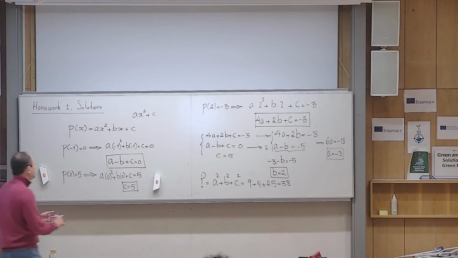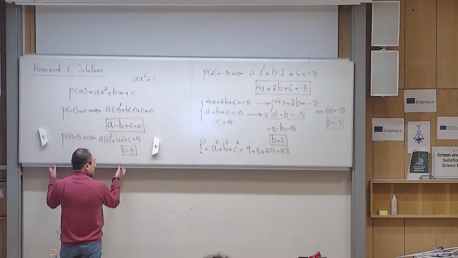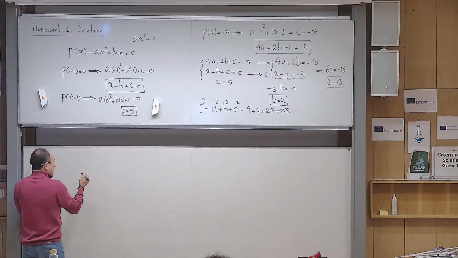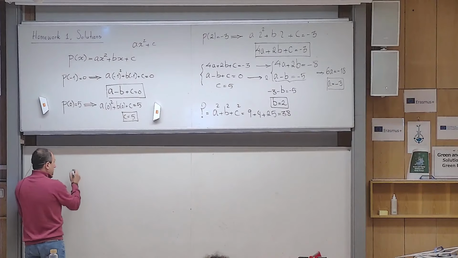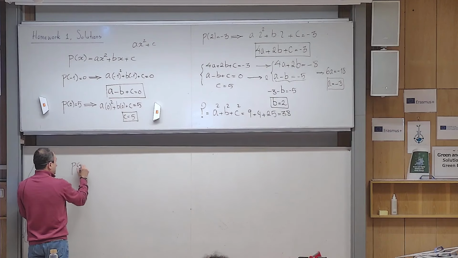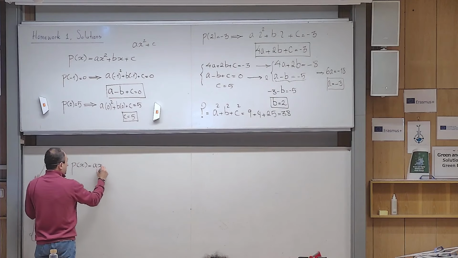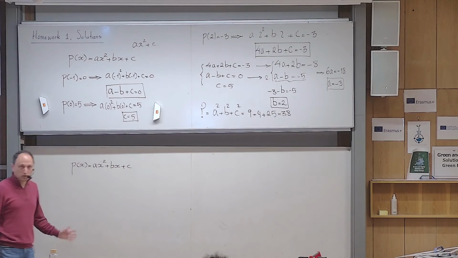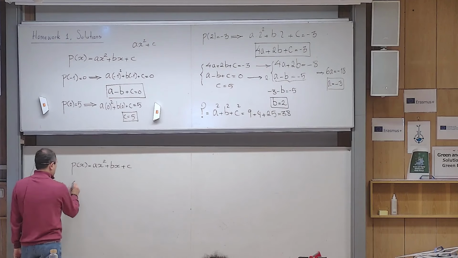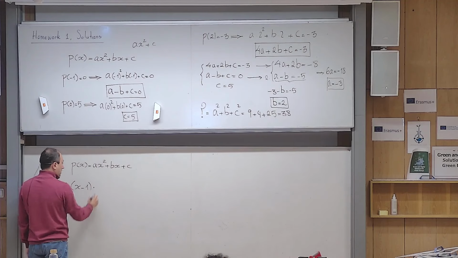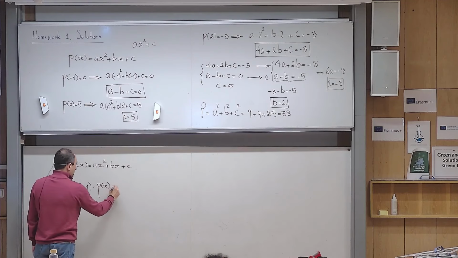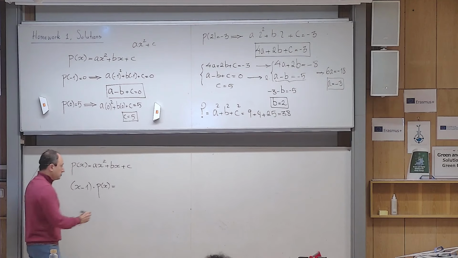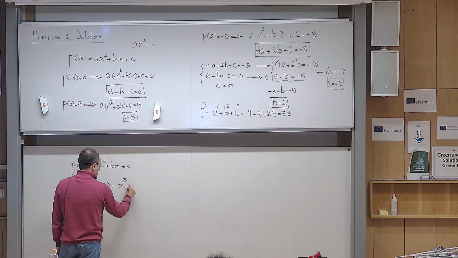But the rest of the problem, the starting point is the same. So let me write it here for you. So again, p of x is a quadratic polynomial. What does it mean? It means p of x is equal to ax squared plus bx plus c. Still, we don't know what it is. But I know something. I know if I multiply x minus 1 by my polynomial, it is always equal to x cubed plus x minus 2.